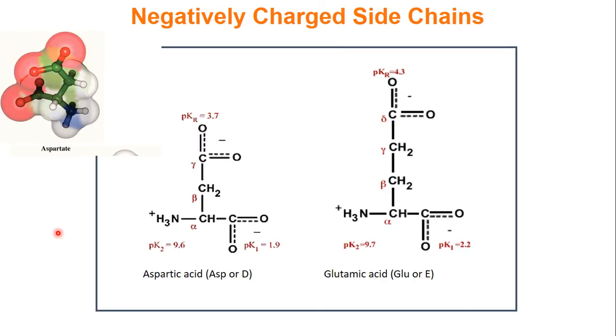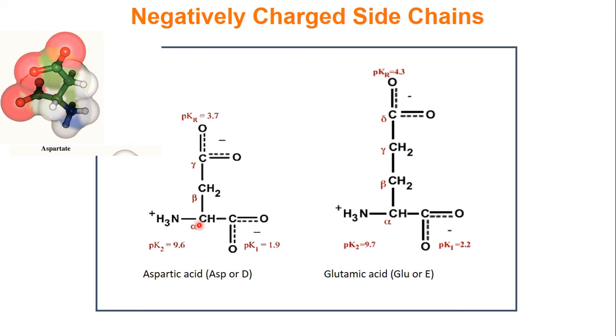Now we're going to start looking at the structure of all of our amino acids. And first we start with the two amino acids that are negatively charged under cellular conditions. That's aspartic acid and glutamic acid. All right. So first, let's just look at the carbon naming scheme.